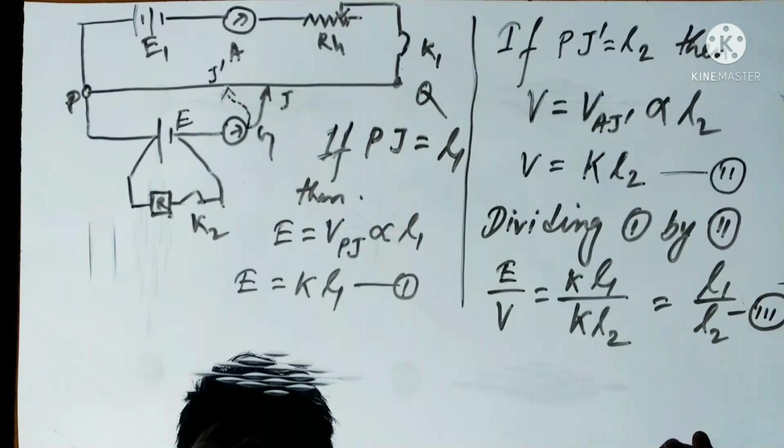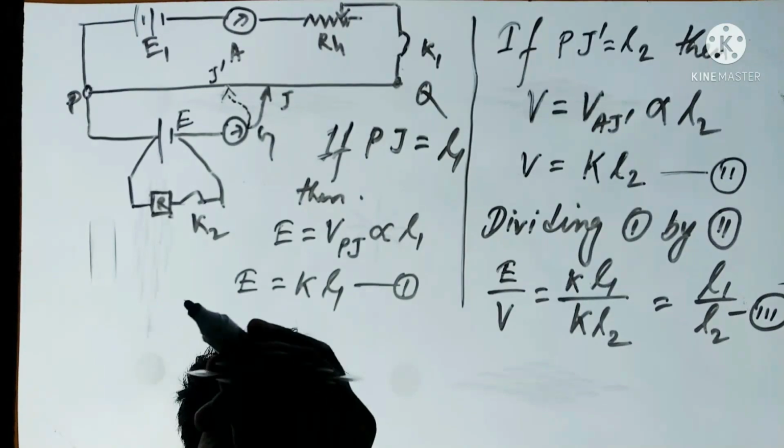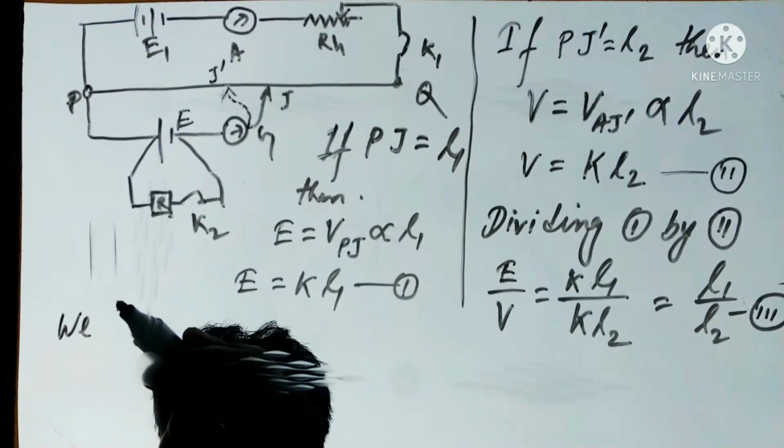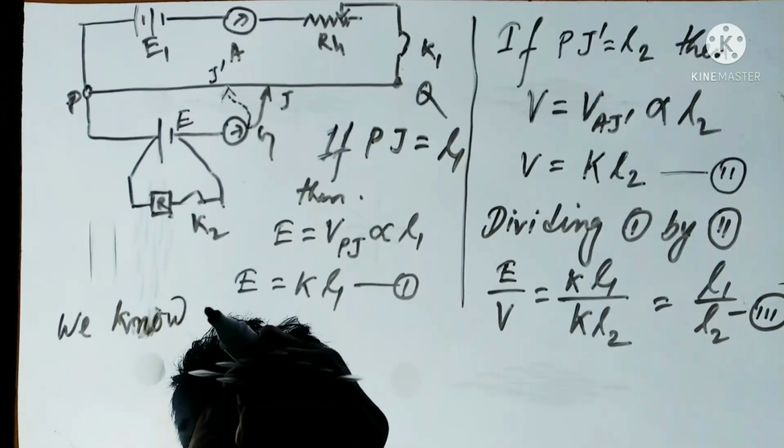Now this E by V, which is L1 by L2, we will use in our internal resistance equation.